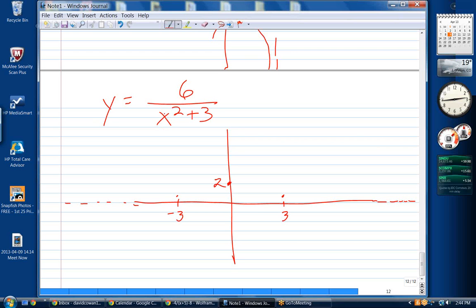Y is never going to be 0, no matter what x is. So the y values are going to approach the horizontal asymptote as x goes to infinity, and the same way in this direction. So that's what that looks like.